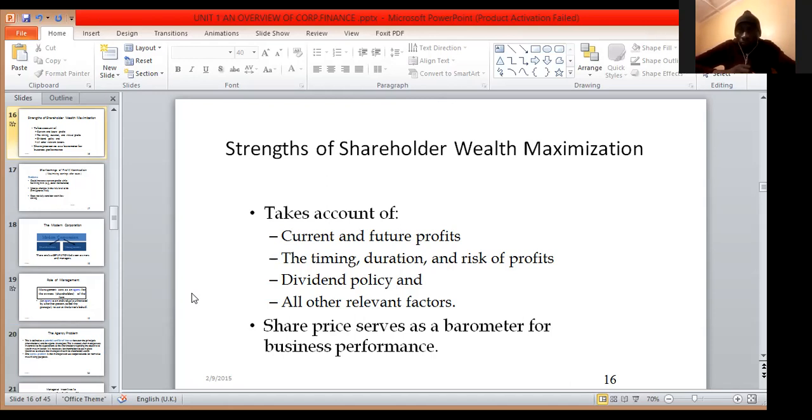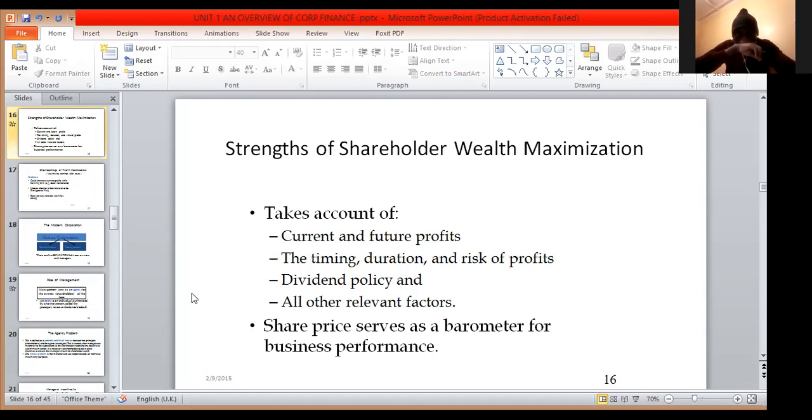So, a share price serves as a barometer for business performance. Do you get that? As we looked at this, if the share price increases, it is evident that there's demand for that share on the market. If there's demand for that share on the market, it simply means this company is performing well.